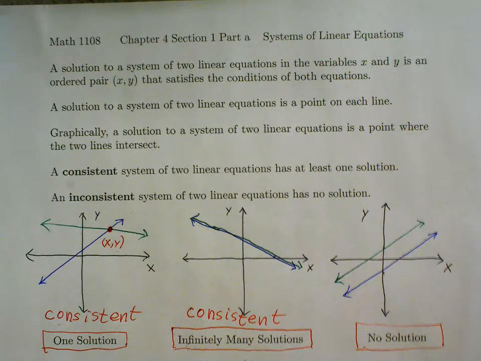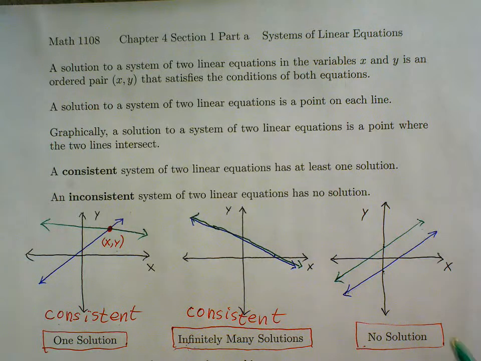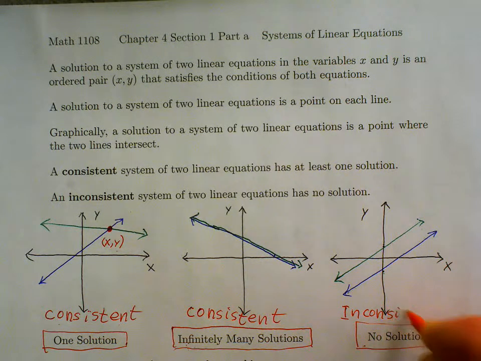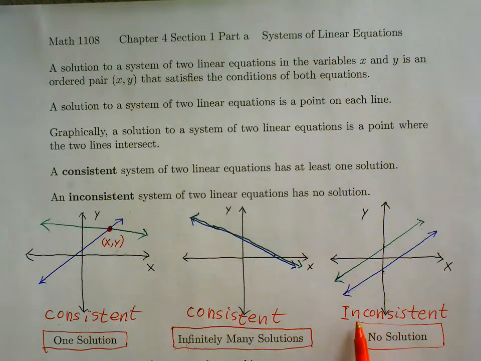And since the two lines never intersect, the corresponding system of two linear equations has no solution. This kind of system is referred to as inconsistent. And a little bit later, it will perhaps make more sense why the word inconsistent is used.